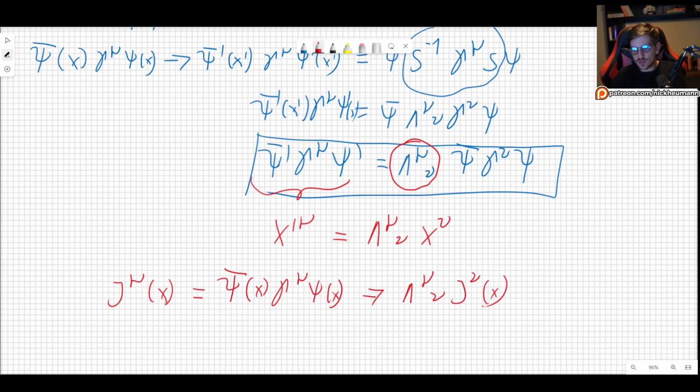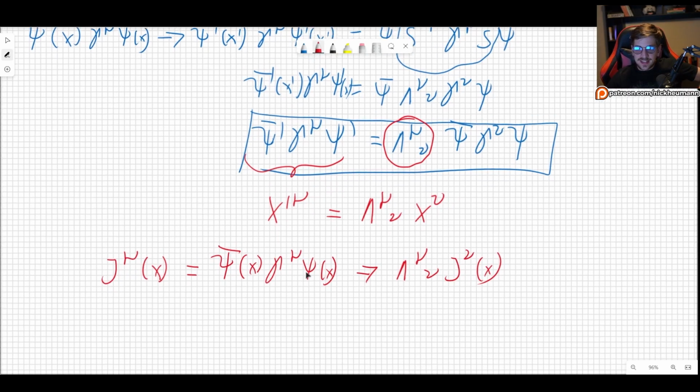That is going to, of course, remain covariant, which is very nice. And that's exactly how we defined it previously, right? If you go back a few videos, I think we did an entire video studying the currents in the Dirac equation. And this is actually the expression that we saw back then. So it's very nice to see how that transforms.